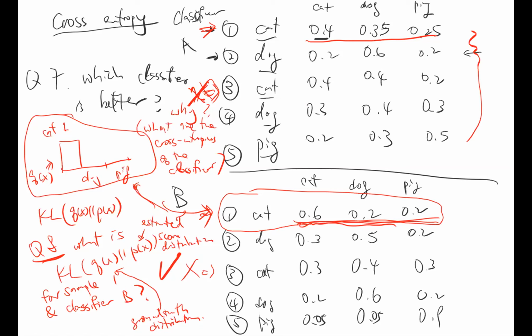Now, of course, we should compute it for all these data. Earlier we just considered the cross entropy for one data point. You have 5 data points here, so it's very simple. To decide which one is better, you should add up the cross entropy of all 5 of them, or take the average. It doesn't matter. Then compare which one has the lower cross entropy.